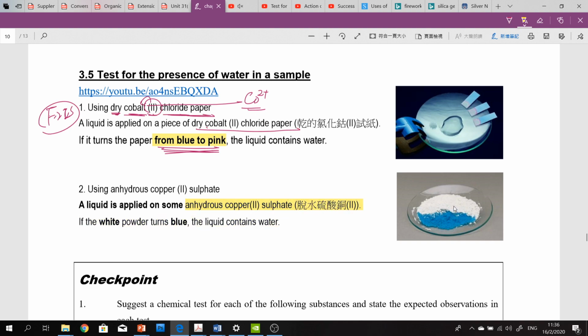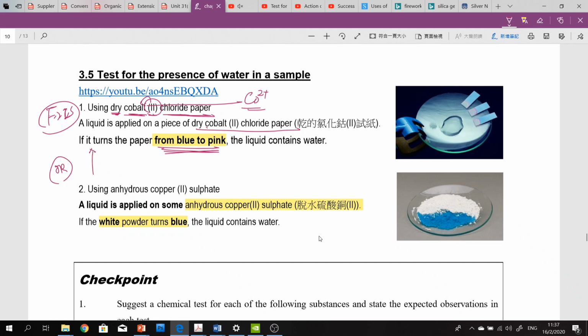It is a white powder, and I add a liquid into it. The white powder will turn blue, which is also a possible test for you to identify the presence of water. So remember, you may use either method 1 or method 2.